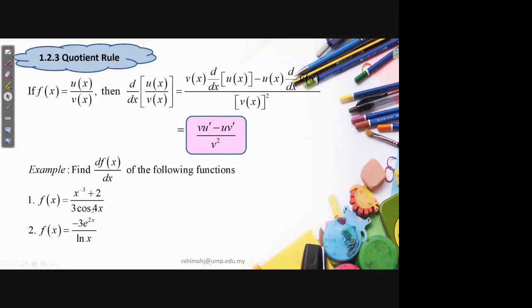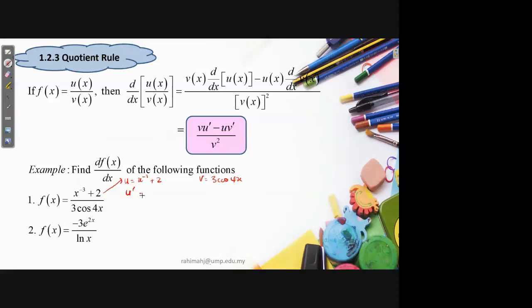Okay, so we have this example: x to the power of negative 3 plus 2, over 3 cosine 4x. How are you going to differentiate this? This is a division of two functions, so we use the quotient rule technique. The numerator is u, so u is x to the power of negative 3 plus 2, and v is the denominator, 3 cosine 4x.